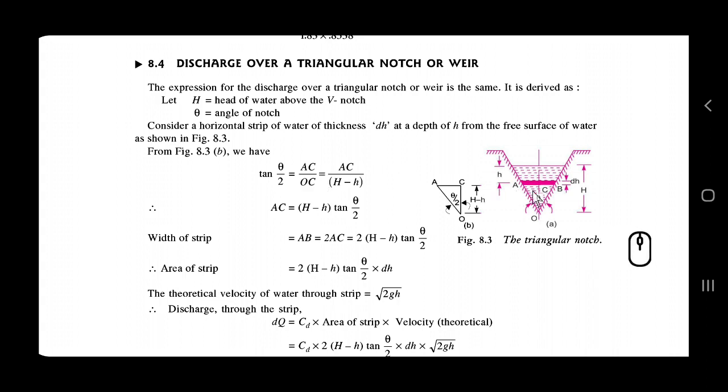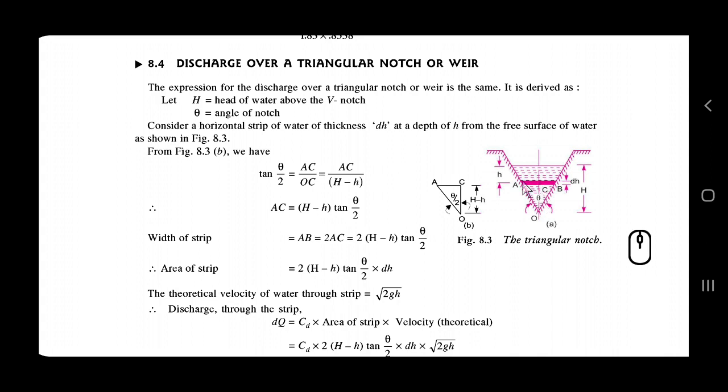OC you can identify as capital H minus small h, where small h is the depth of this strip from the top surface of water. Capital H is the head of water above the V notch, this overall depth.